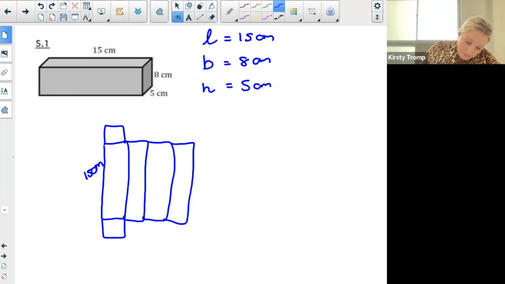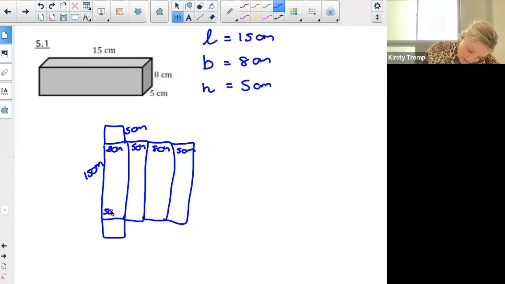And then I've got 8 centimeters, 5 centimeters, 8 centimeters, and 5 centimeters, and 5 centimeters on the top.